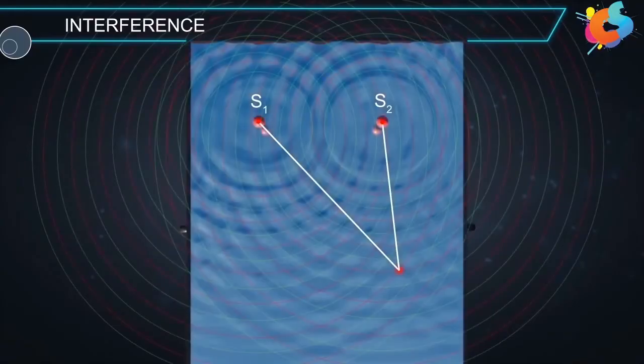Consider the waves coming from two sources S1 and S2. Let the amplitude of the waves from S1 be A1 and the amplitude of the waves from S2 be A2.